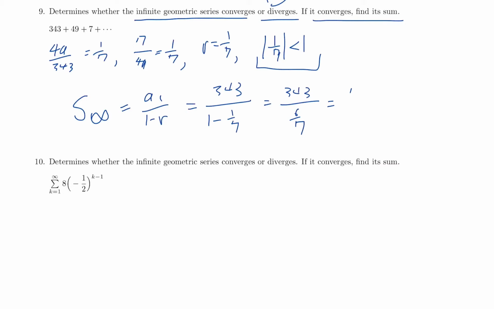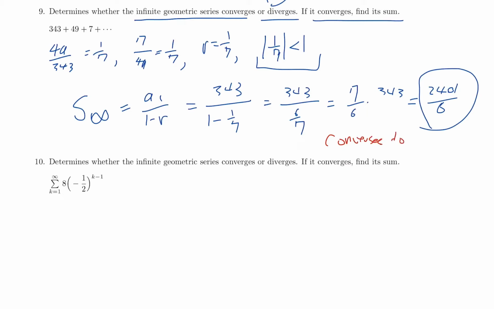Then we can simplify to 7 over 6 times 343, and 7 times 343 gives me 2401 over 6. This is as simple as we can write the fraction. So the final answer: it converges to this number right here.